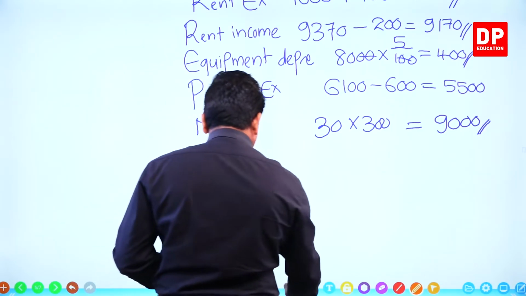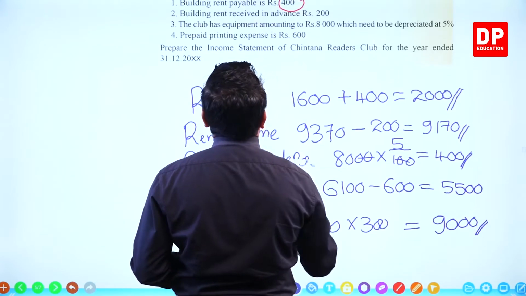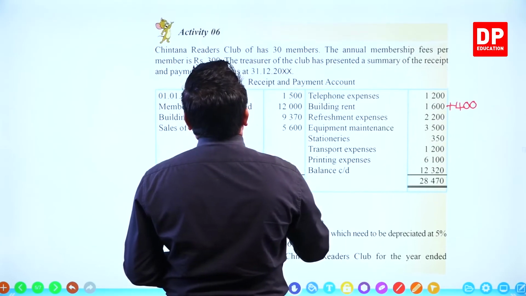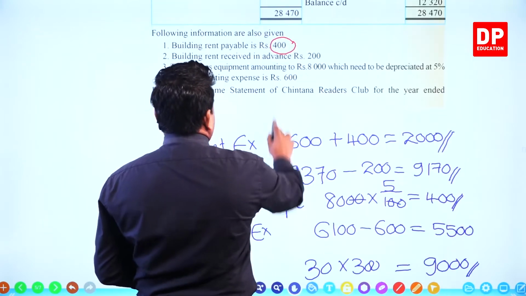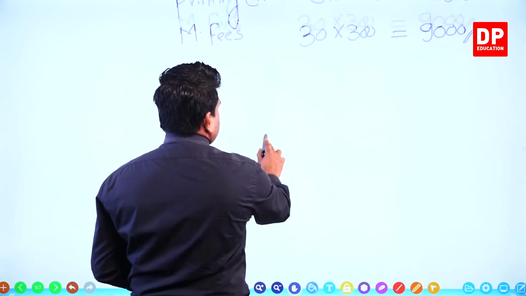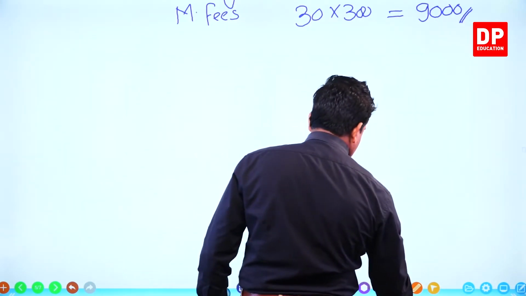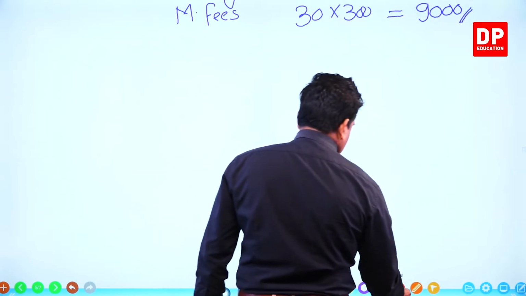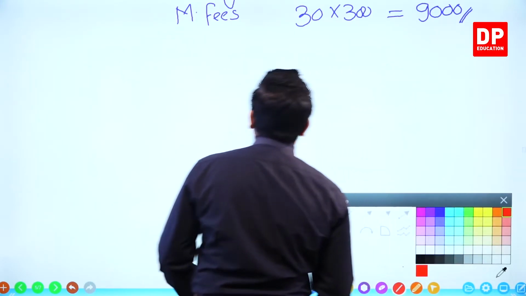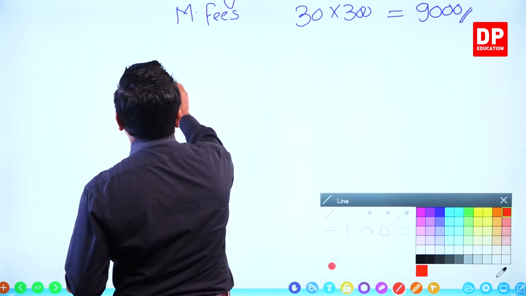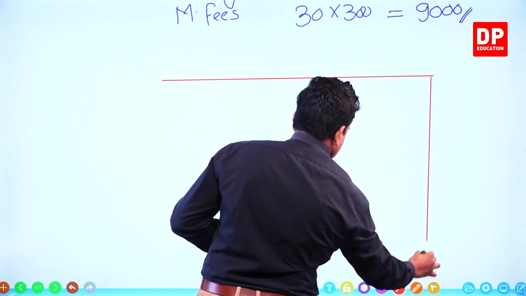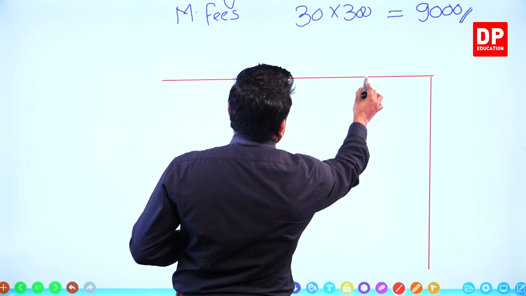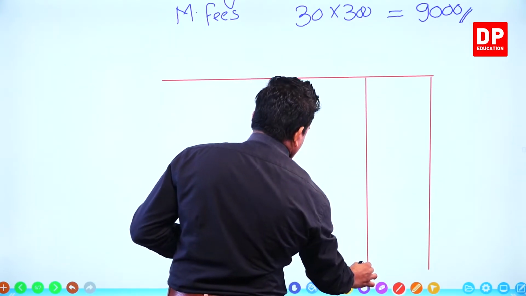Now we can draw the income statement. We have done all the calculations. Now you draw the income statement format. Remember, now we are doing textbook activities, right?